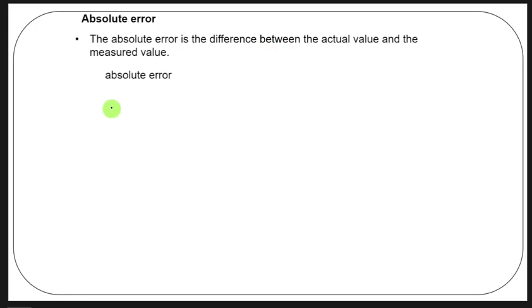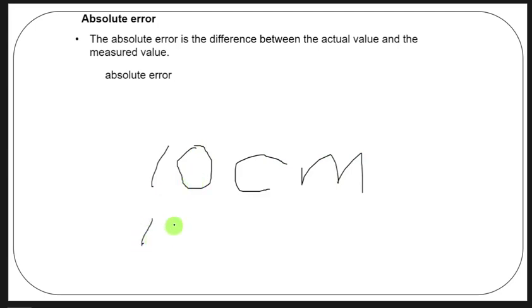So in this case, let's say in our measurement of the 10 centimeter line, in the measurement of 10 centimeters, the upper value we can get away from this one is 10.5 centimeters, as you saw earlier on.